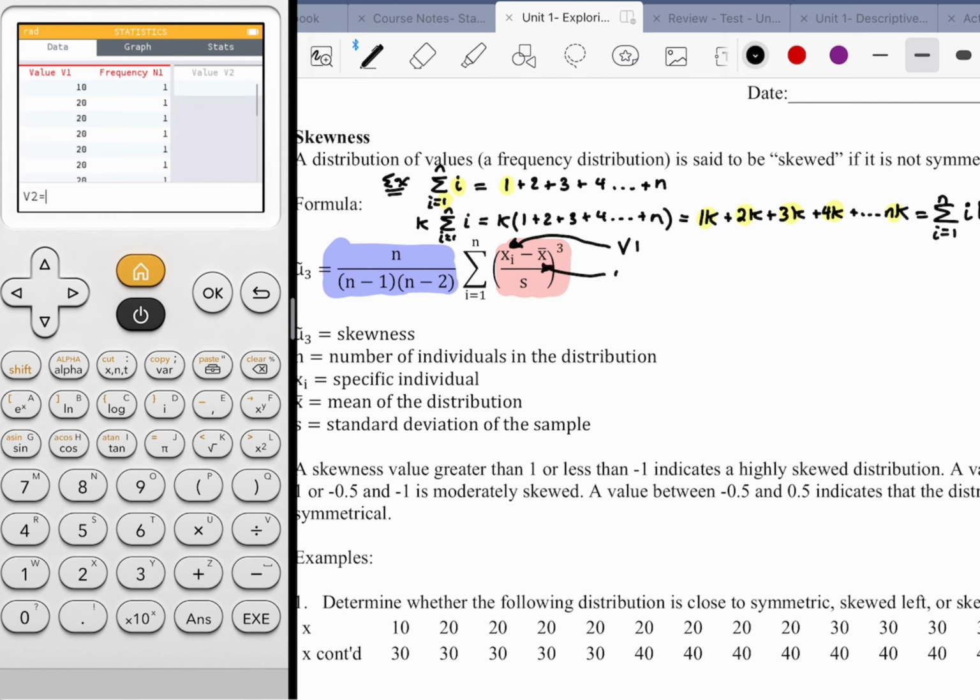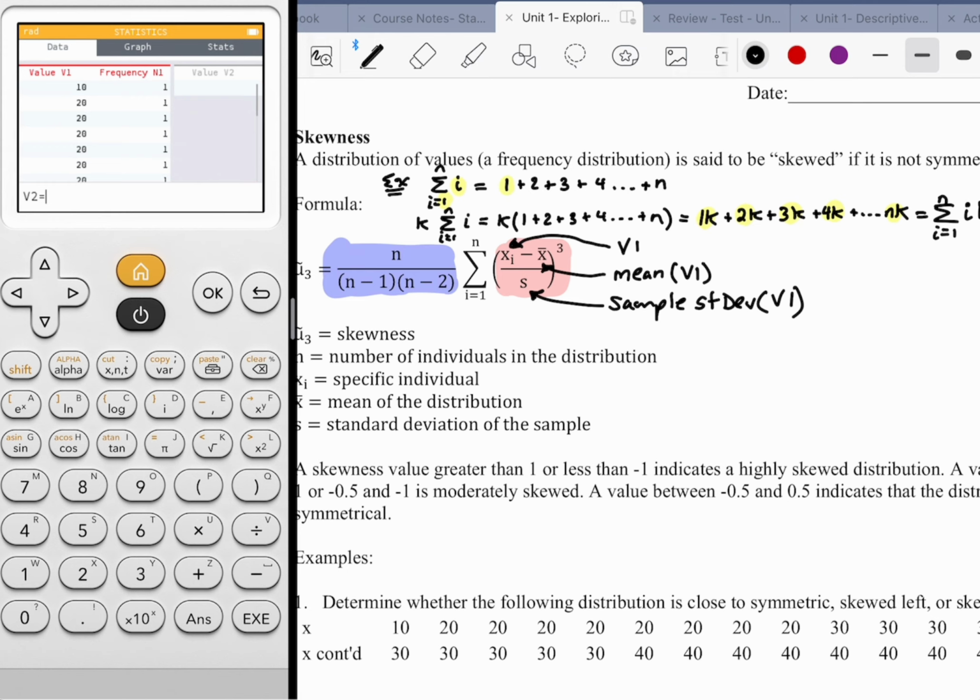The x bar we can get by finding the mean of the values in v1. And the s we can get by finding the sample standard deviation of all the values in v1, which are all built-in functions. So we're making use of the functions that are already available in the calculator.